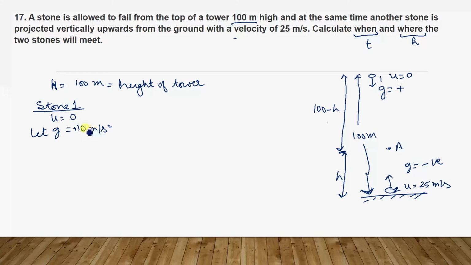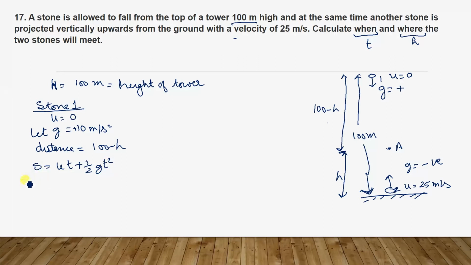Then, how much distance is it covering? We have seen from the diagram, stone 1 will cover only 100 minus h. So the distance it covers is 100 minus h. Let us solve it using the formula s equals ut plus half gt square.